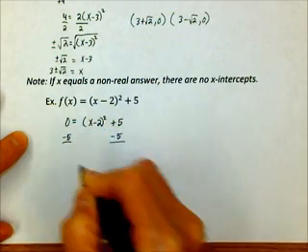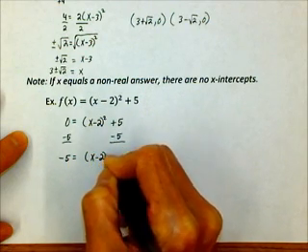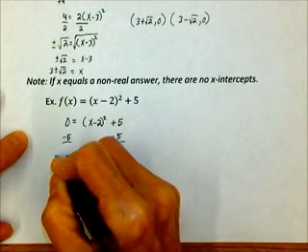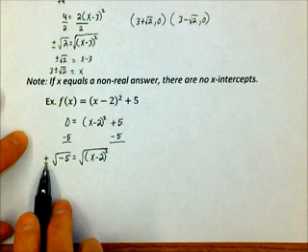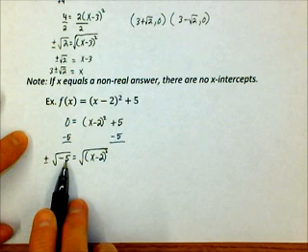Now I have to solve for x. I get negative 5. Now when I square root both sides, I end up trying to take the square root of a negative number. That will give me a non-real answer. So for this particular function, there are no x-intercepts.